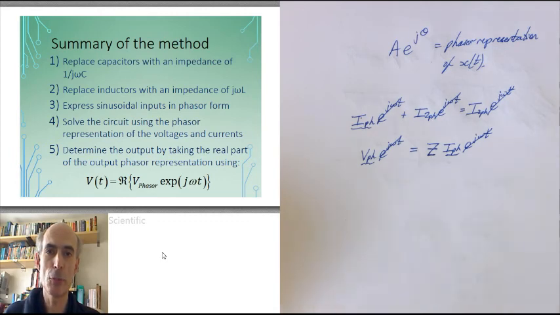Solve the circuit using nodal analysis or superposition or any technique that you want to, but using the phasor representations of the voltages and the currents. And then once you've got the phasor representation of the output that you want, you can convert it back into a real signal using the standard way of getting from a phasor back to the time domain waveform. Multiply by e to the j omega t and take the real part.